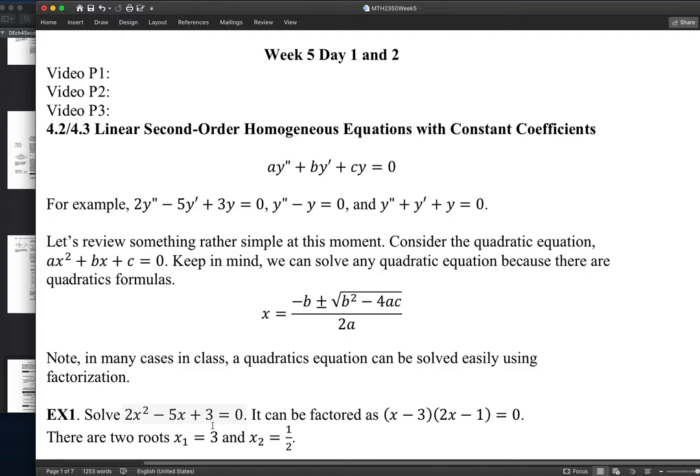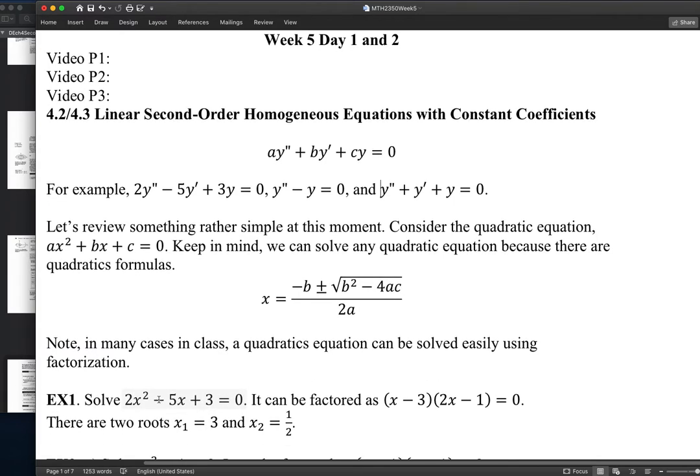Actually, I provided some examples here. Example 1. Well, consider this quadratic equation, right? Not a differential equation at all. So I have 2x squared minus 5x plus 3. And indeed, it can be factored. And also, if you want, you can always use the quadratic formula. But probably you see it takes a little longer.